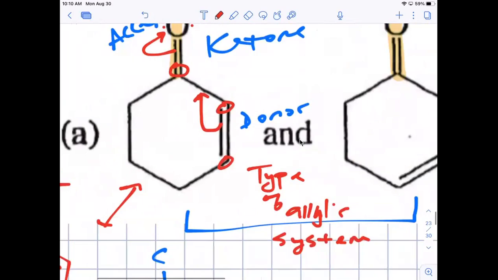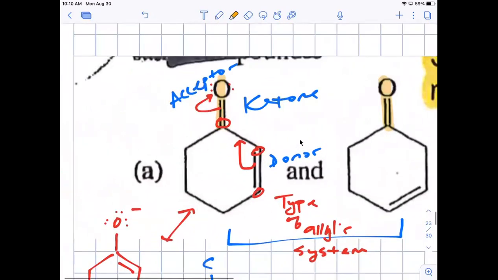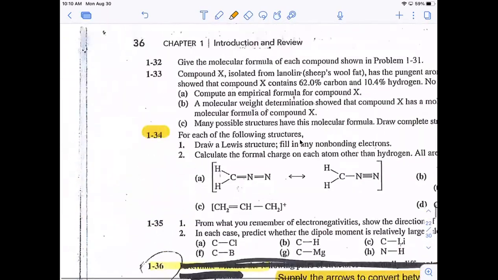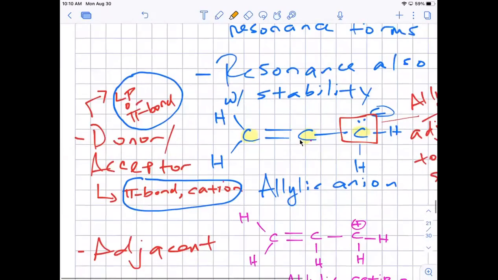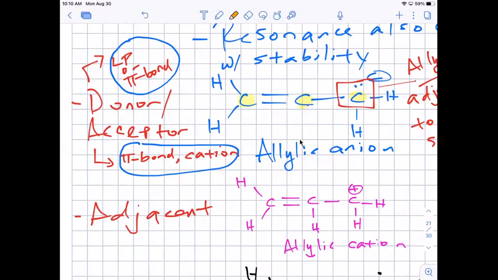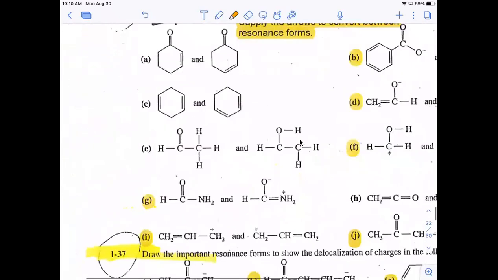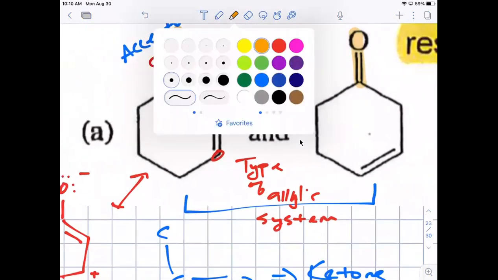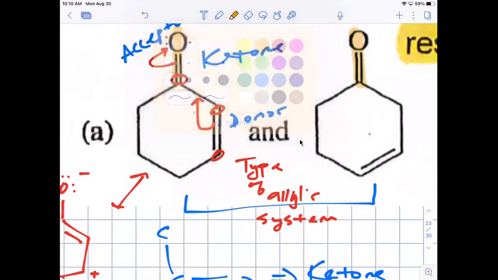So remember, my donor can be a pi bond or a lone pair, and my acceptor can also be a pi bond or a cation. So in this case, my donor is a pi bond right here, and my acceptor is the carbonyl. All right. So I'm going to take this pair of electrons, and I'm not going to donate them directly to that carbonyl carbon.